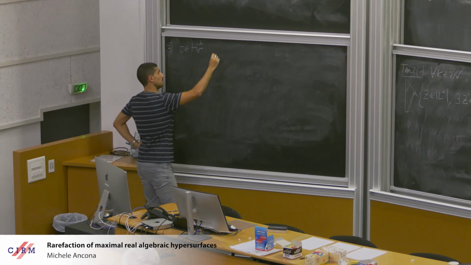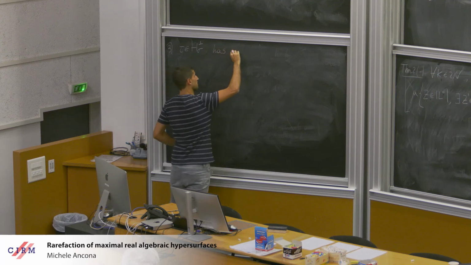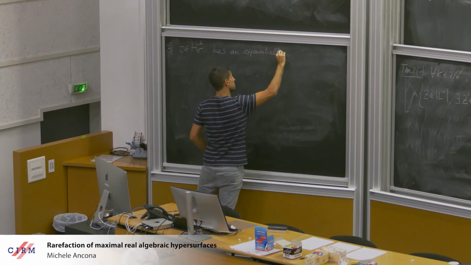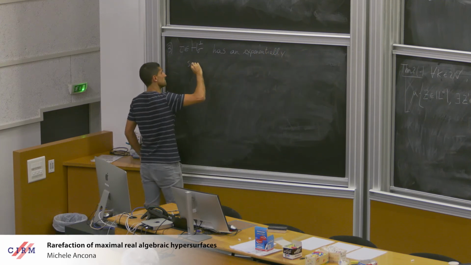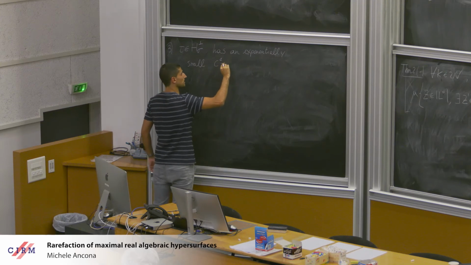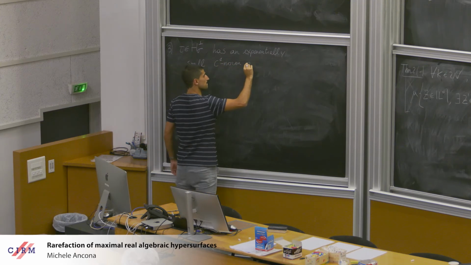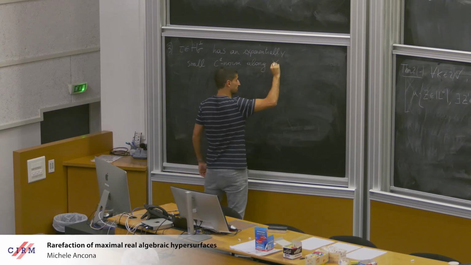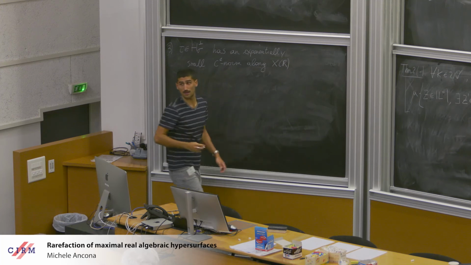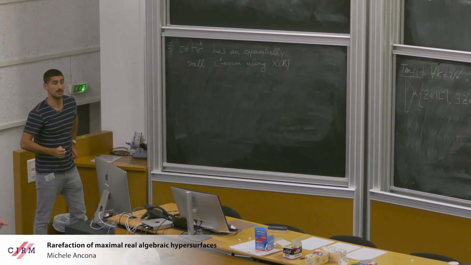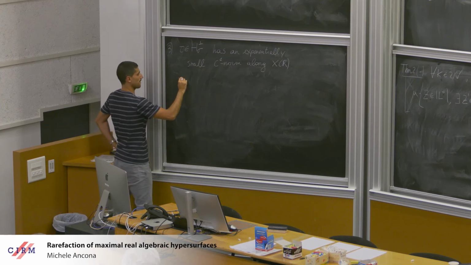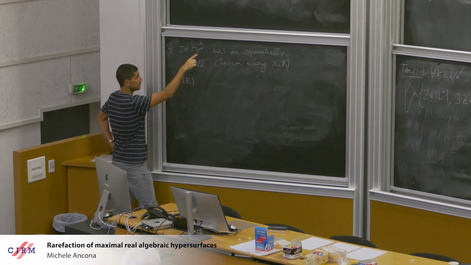Such a section has an exponentially small C1 norm along X of R. So we are looking at the real part of this section.